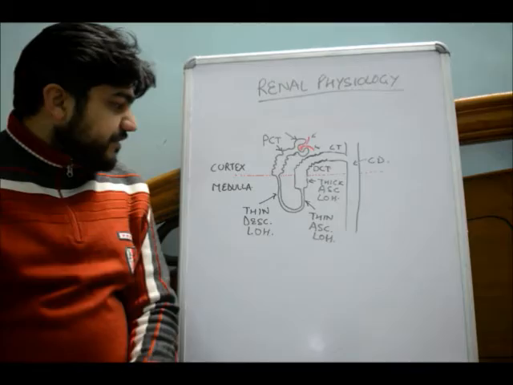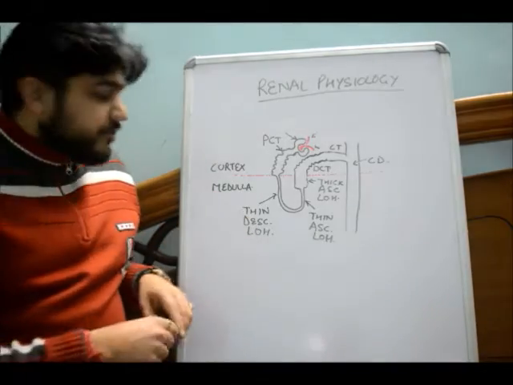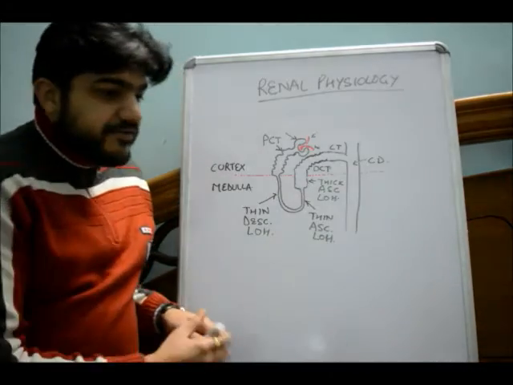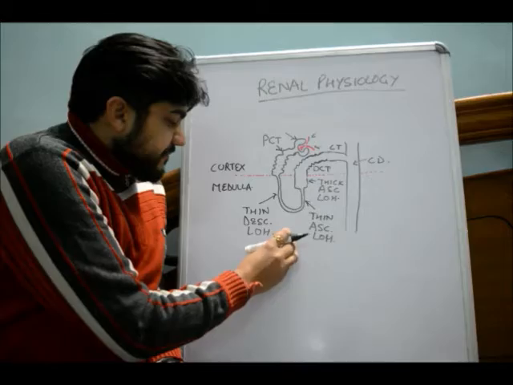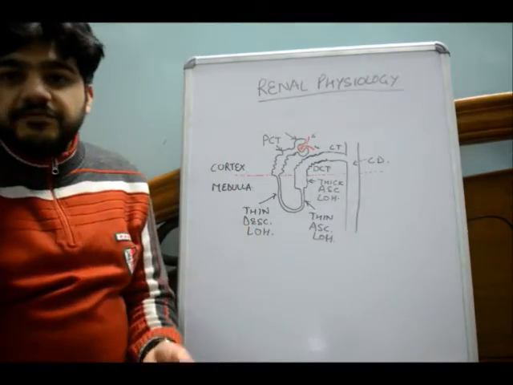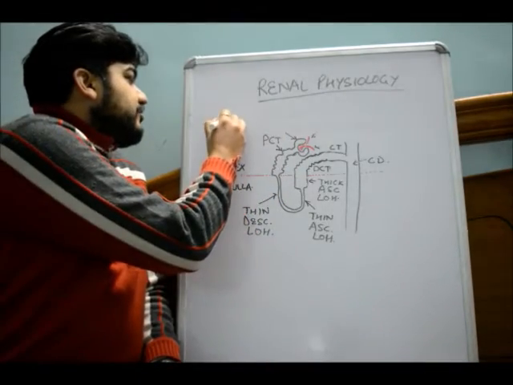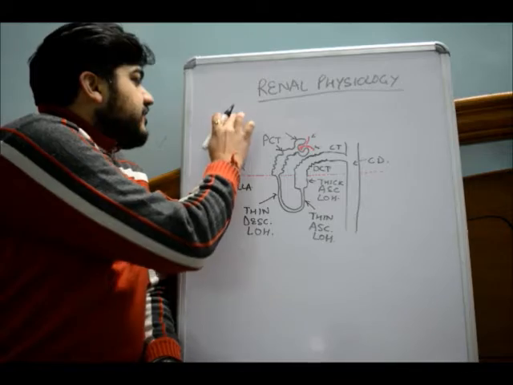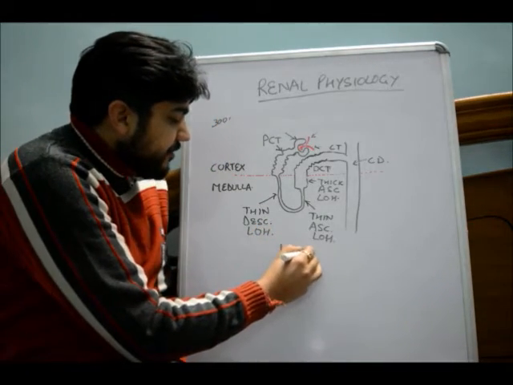There is one more thing: the medullary region is different because it has hyperosmolarity, meaning the osmolarity here is much higher than normally found. Normally the osmolarity is around 300 milliosmoles, but in the medulla you can find up to 1200 milliosmoles.